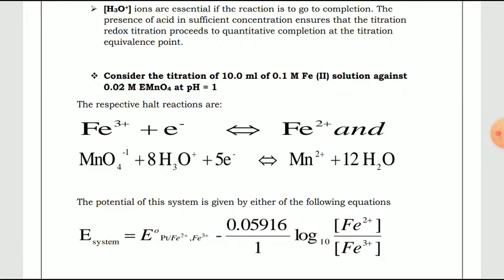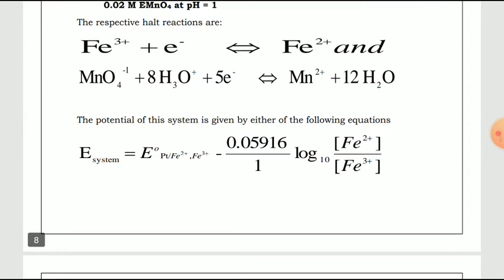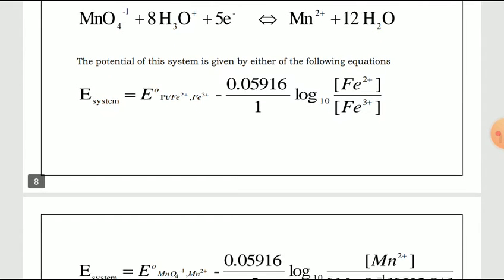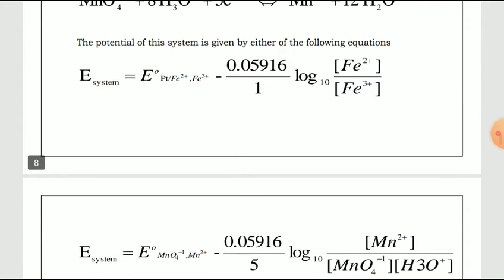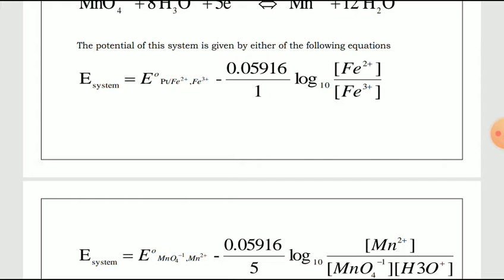Now the second equation, for the second half cell reaction, is E system equal to E naught MnO4 minus to Mn2 plus, minus 0.05916 upon 5. Why 5?